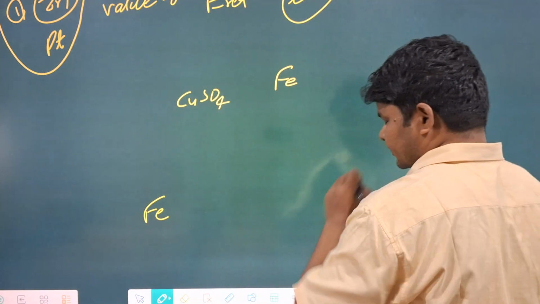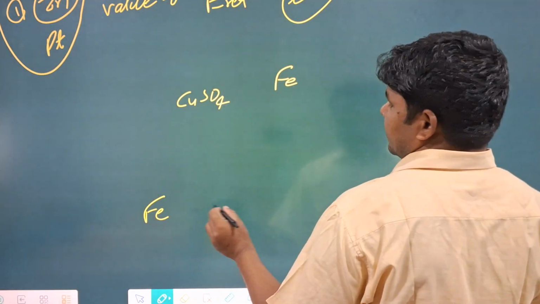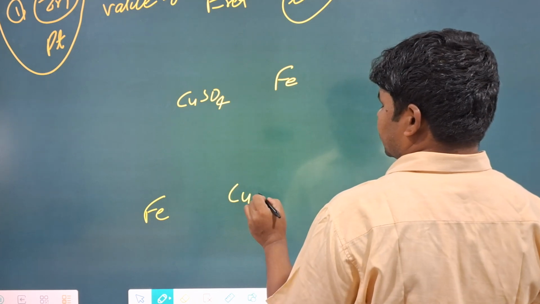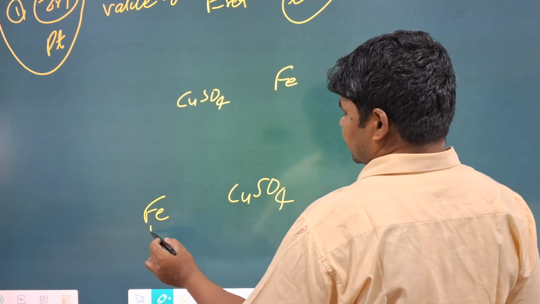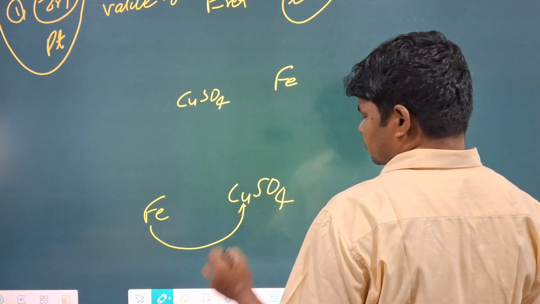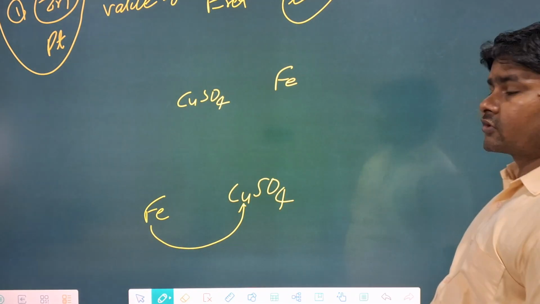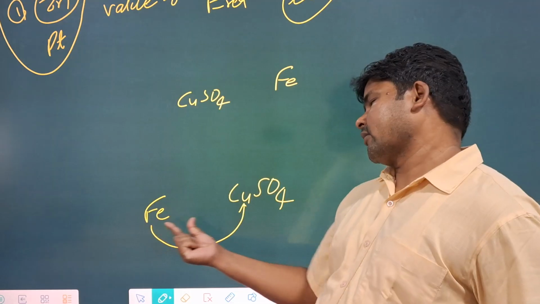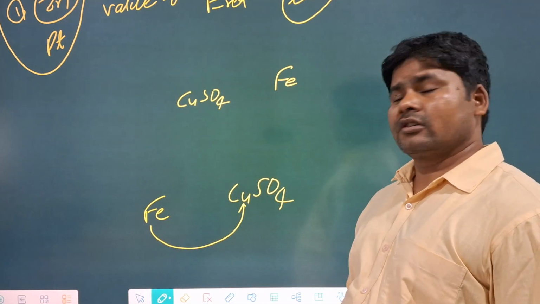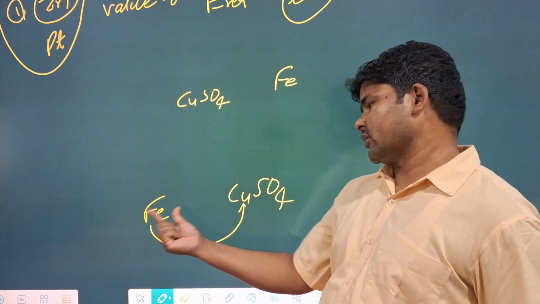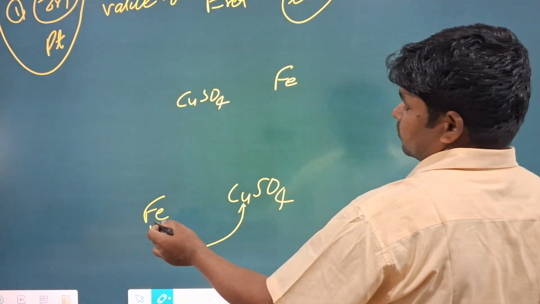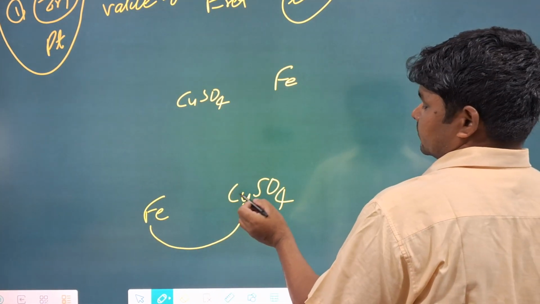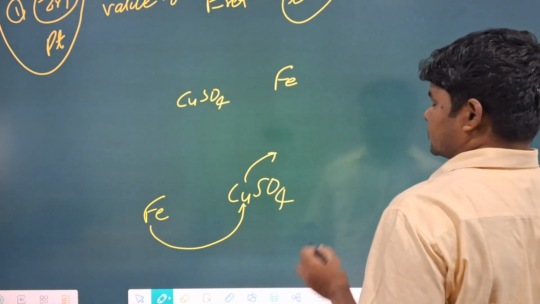iron has a lower value of reduction potential as compared to copper. Iron is more reactive than copper. We also say that the reducing power of iron is greater than the reducing power of copper. Then iron is able to replace copper from copper sulfate solution.